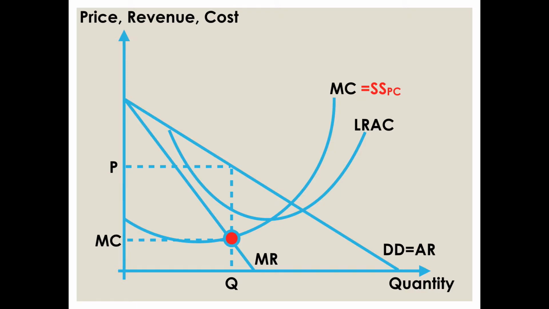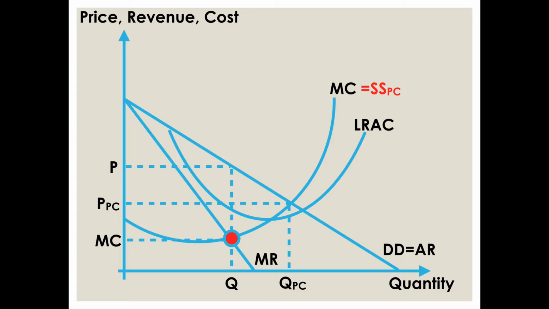With that, the perfectly competitive price and quantity will be established where demand cuts supply, and that is at PC and QPC. So we see that the perfectly competitive market charges a lower price and produces a higher quantity as compared to the firm with market dominance.